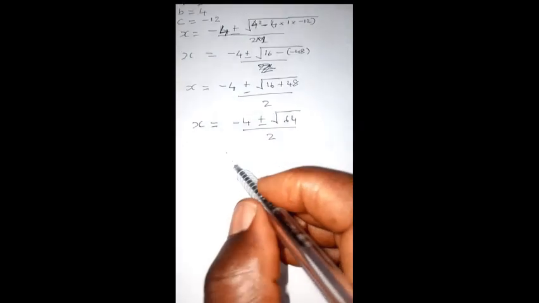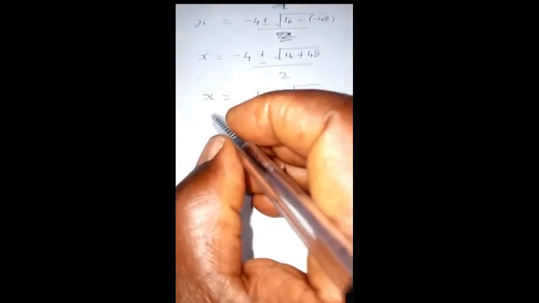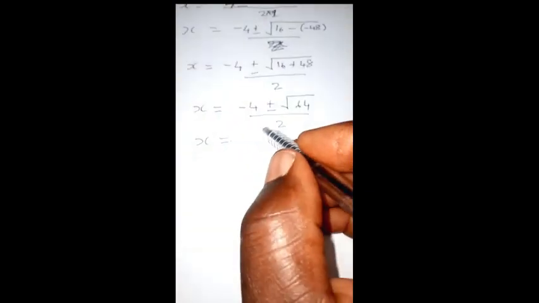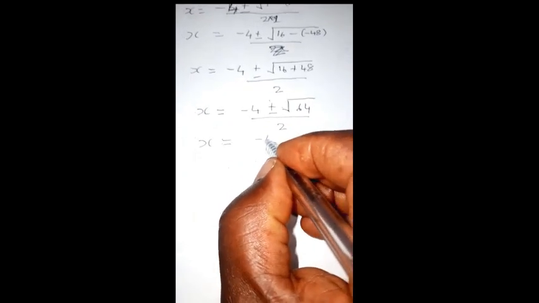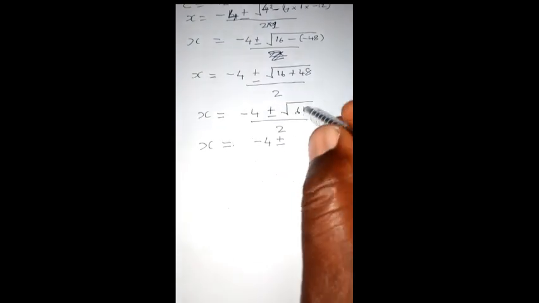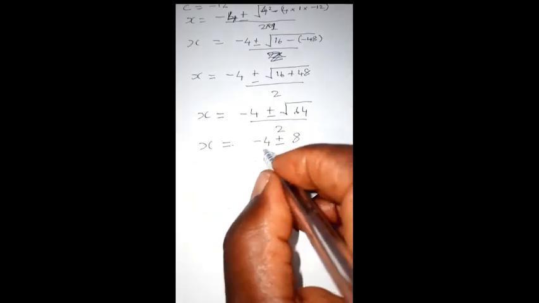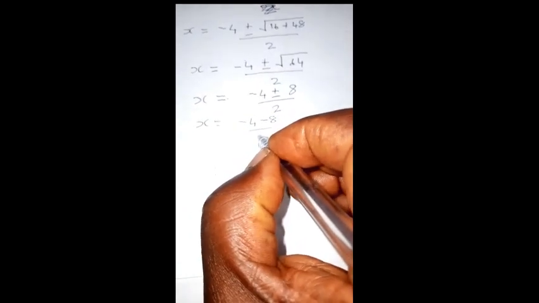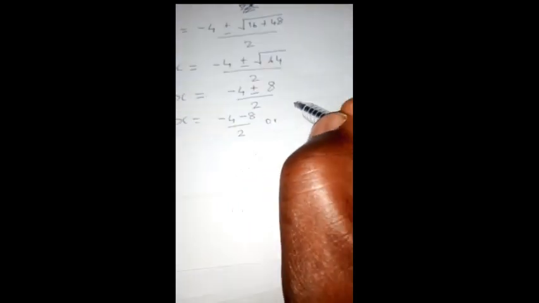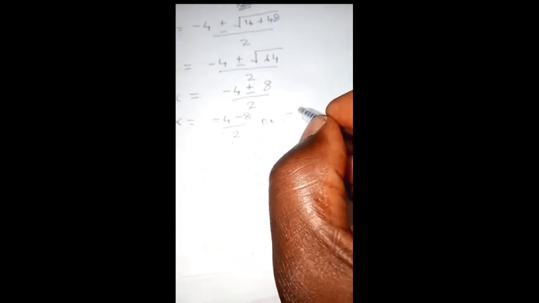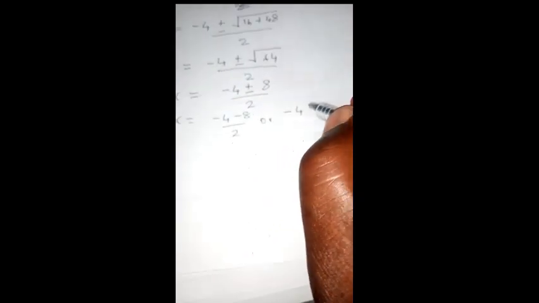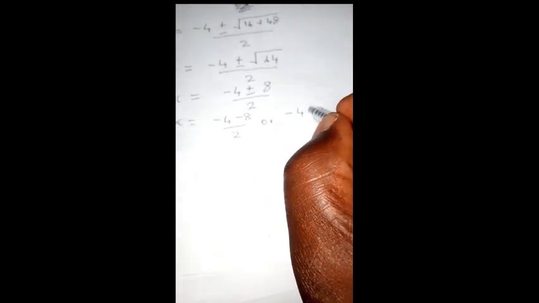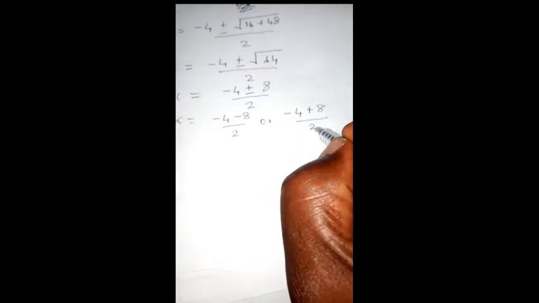So now x is equal to minus 4 plus or minus the square root of 64, which is 8, all over 2. That means that x is equal to minus 4 minus 8 all over 2, or minus 4 plus 8 divided by 2.